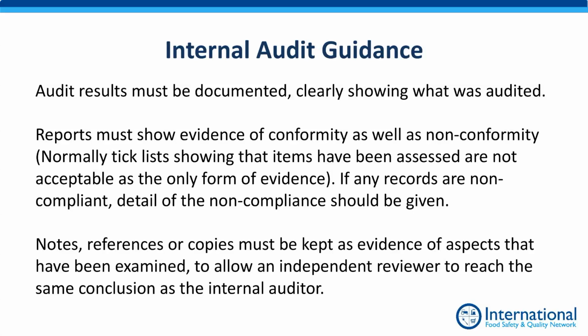If anything is non-compliant, then the details of the non-compliance need to be given and recorded. Information showing how the items audited have fulfilled the requirements or how they are non-compliant is required. Notes, references, or copies must be kept as evidence of aspects that have been examined to allow an independent reviewer to reach the same conclusion as the internal auditor.